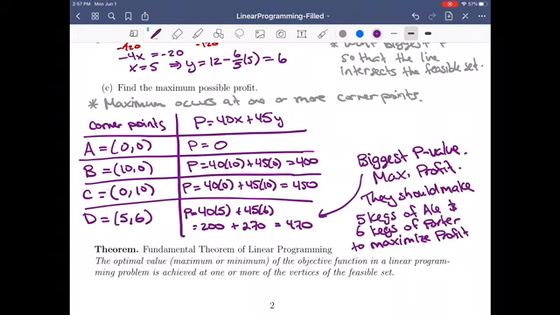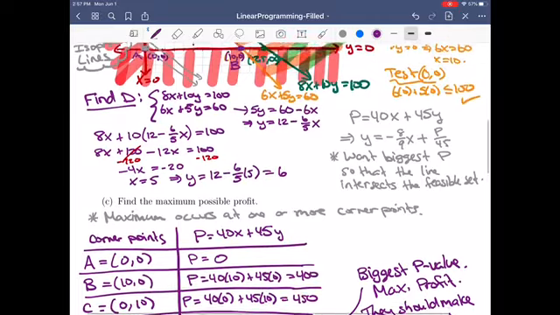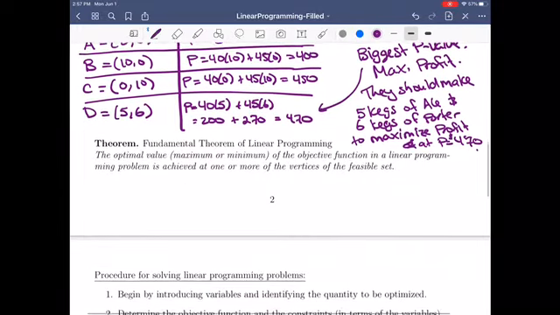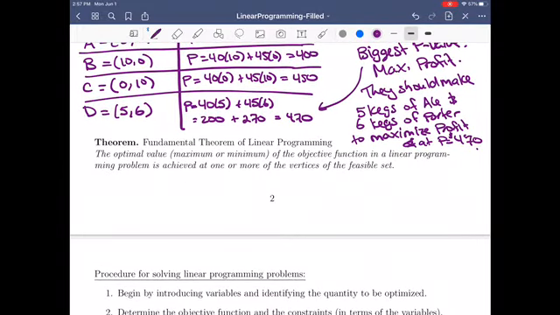And we actually know the maximum profit, so maximize profit, oops, I should say at P equals $470. So what I tried to show for you with the ISO profit lines is the idea of this theorem here, which is called the fundamental theorem of linear programming.